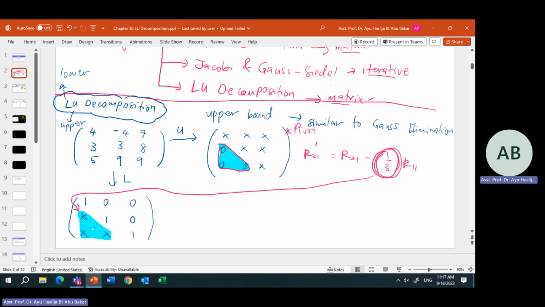Those 3 factors will be substituted into the lower bound matrix. We will try an example so that you understand further. This LU is an advanced method from Gauss elimination. In Gauss, we stop at the upper bound. In LU, we have a lower bound over here.